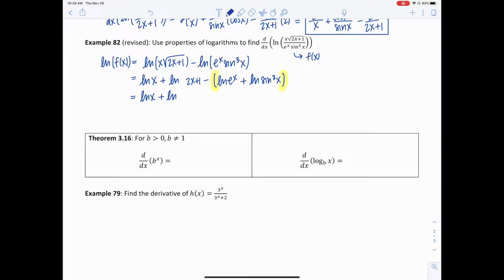I'm going to write it here, just so I don't have to rewrite it so many times. If you're listening, hopefully you're following along. I'm bringing down the 1/2 in front using the power property. I'm going to distribute that minus sign and bring down the x. Distribute the minus sign, and bring down the 3.